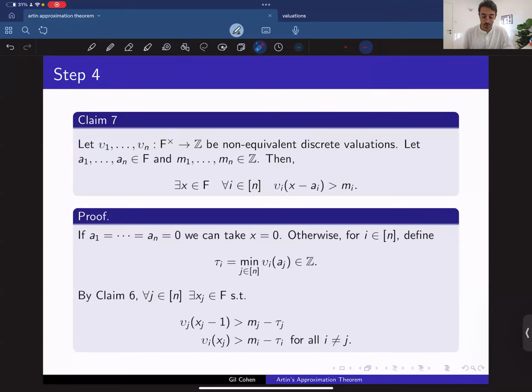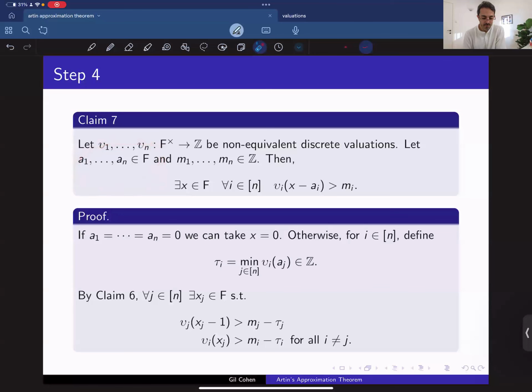now comes step 4. Step 4 is very similar to what you want to prove. The actual proof that we want is exactly what you see, but with equality here. And so this is one step before. So let's read it again. You're given n valuations, not necessarily equivalent, but not necessarily onto discrete valuations, of course.